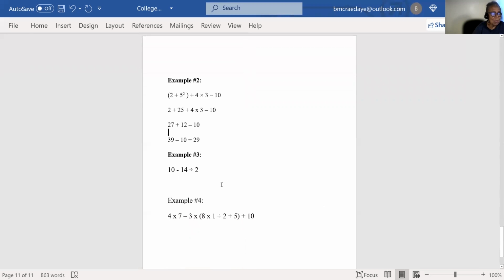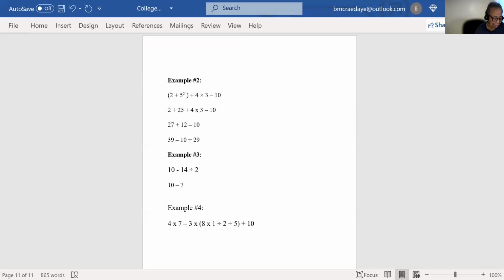Now, what would you do for the next one? 10 minus 14 divided by 2. Now, you're going to do the division first, right? So this would be 10 minus 14 divided by 2 is 7, right? Then you do the subtraction.